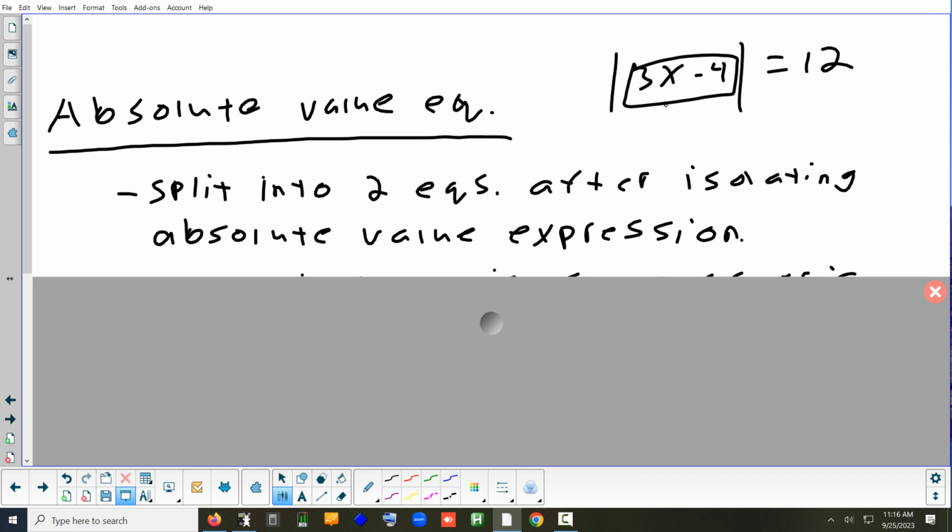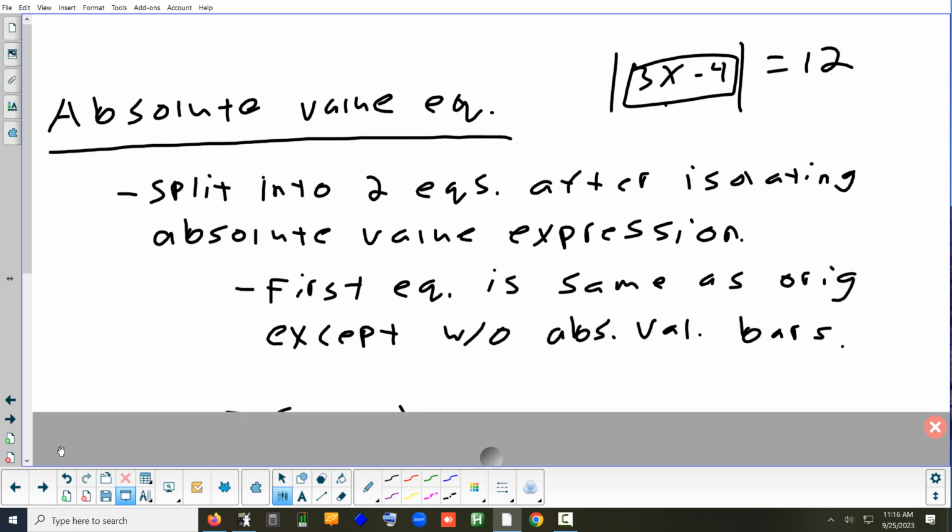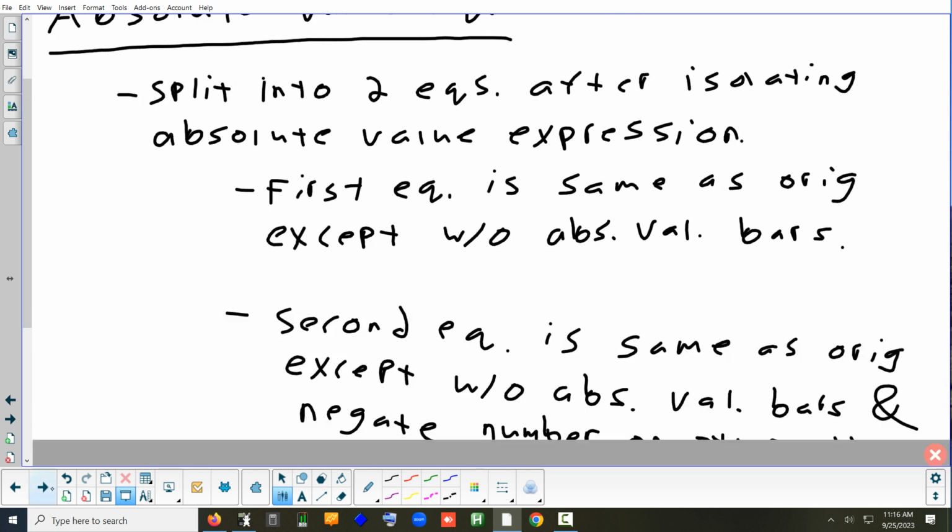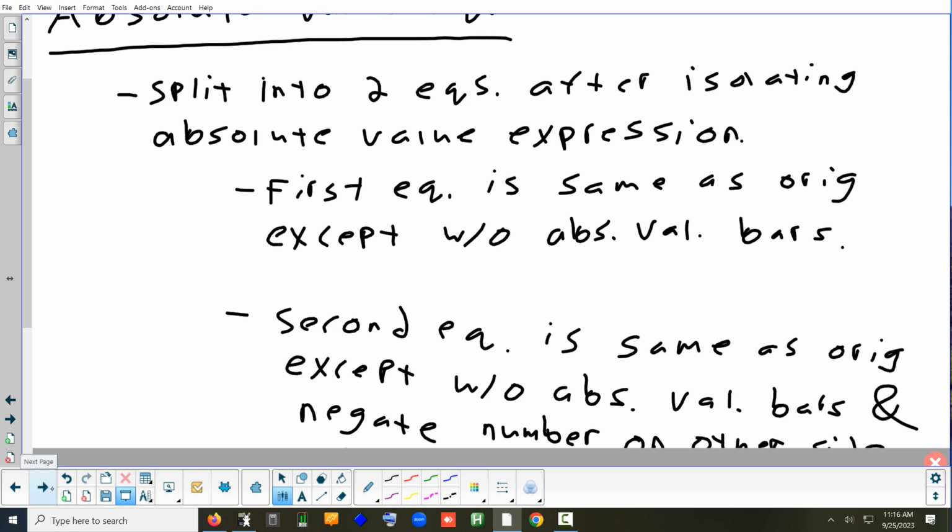3x minus 4 equals 12. 3x minus 4 equals negative 12. So the first equation, 3x minus 4 equals 12, is exactly the same as the original problem. You just take out the bars. Now the second equation, you just change the sign of the number on the other side. Or another word for that is negate.